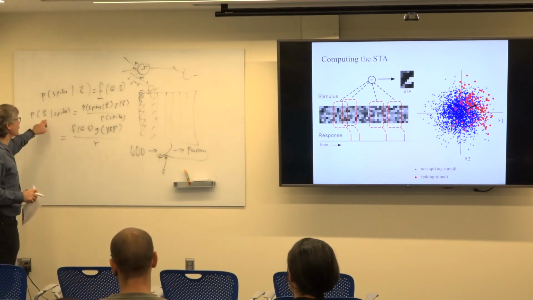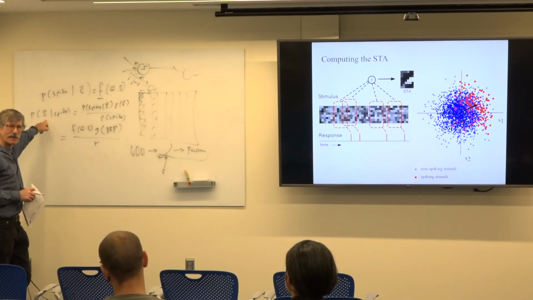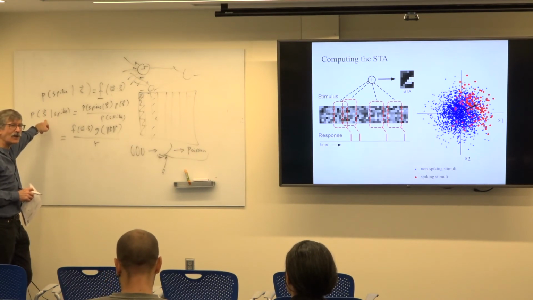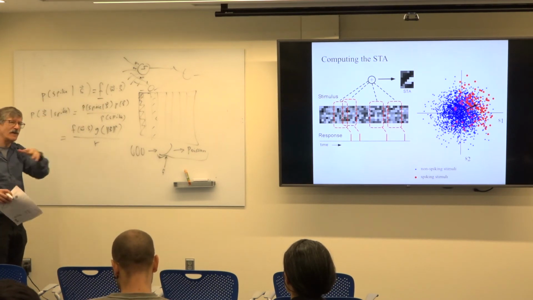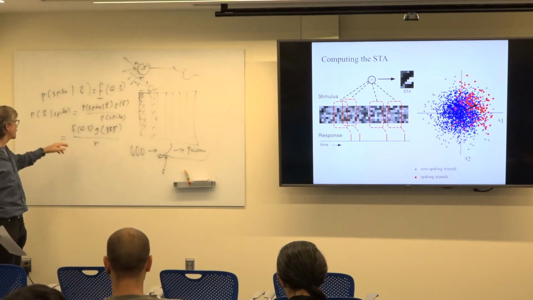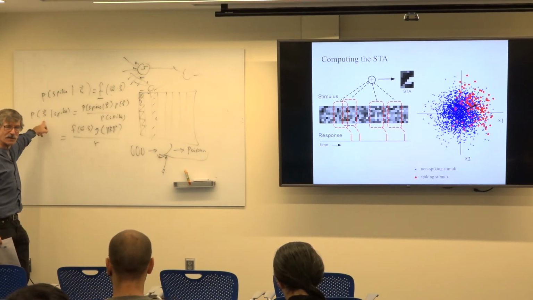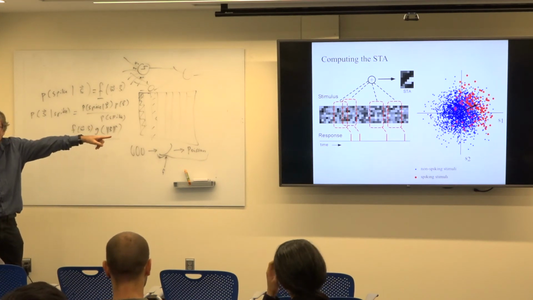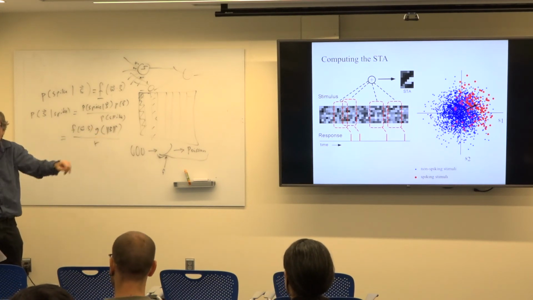This is a probability of stimulus given a spike. This is a probability distribution across all stimuli. Stimuli are 48-dimensional, and so we're in a 48-dimensional space. It's a huge space. It could be bright over here. It could be dark over there. Lots of possible stimuli. Across that huge 48-dimensional stimuli, we now have a distribution. Now we're going to take a bunch of these actual ones from the data and average them together.